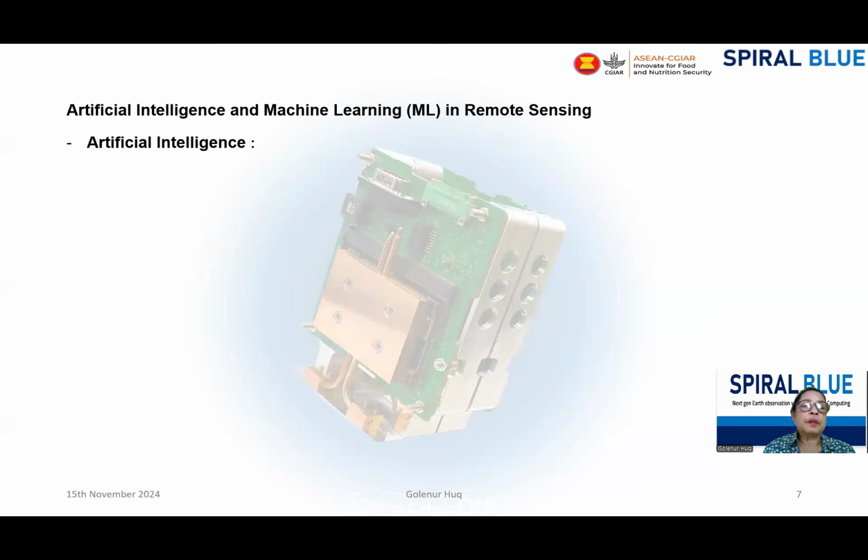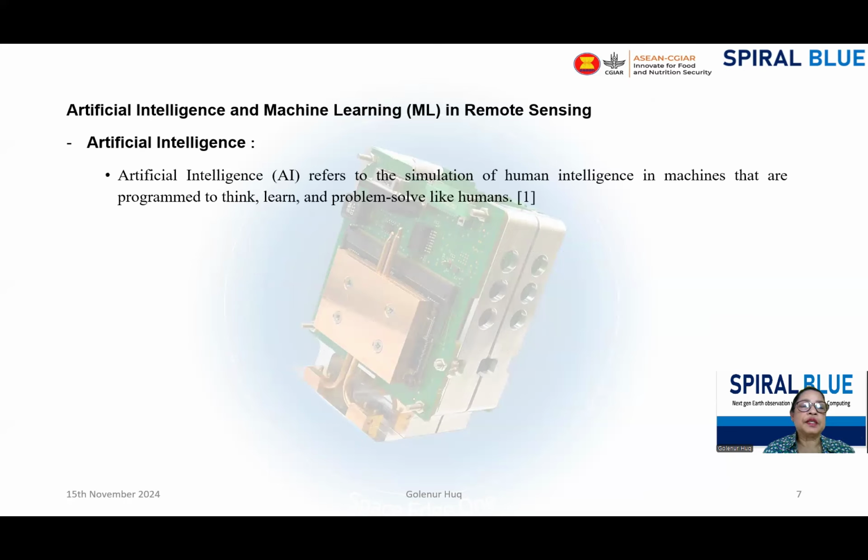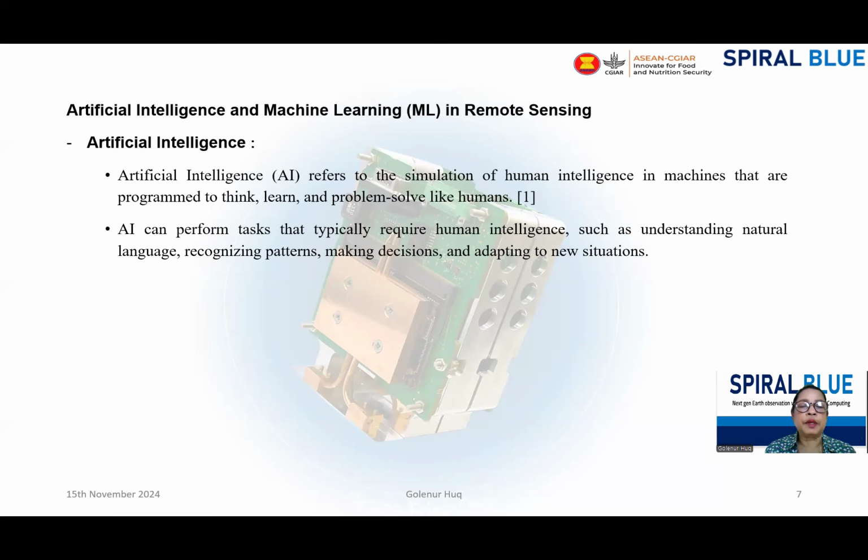Okay, let's check out artificial intelligence. Basically, artificial intelligence refers to the simulation of human intelligence in machines that are programmed to think, learn, and problem solve like humans. Humans have intelligence, and this intelligence is transferred to the machine.